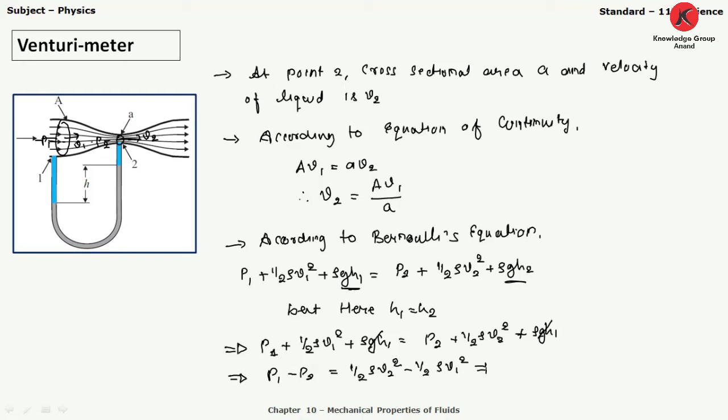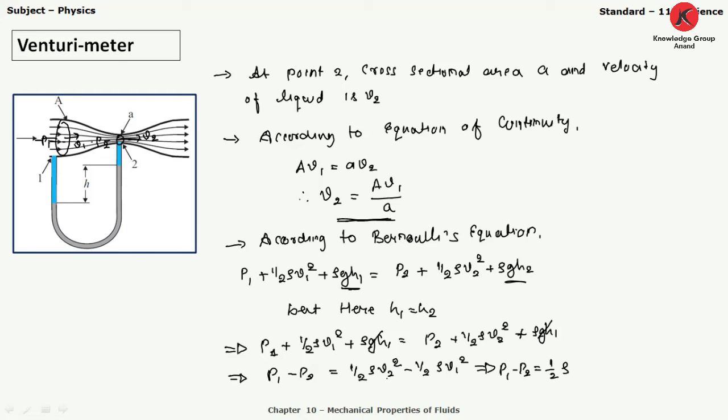Again I am simplifying this equation. I am writing over here, p1 minus p2 equal to half into rho, and I have the equation for v2. I am putting the value of v2 in the Bernoulli's equation.